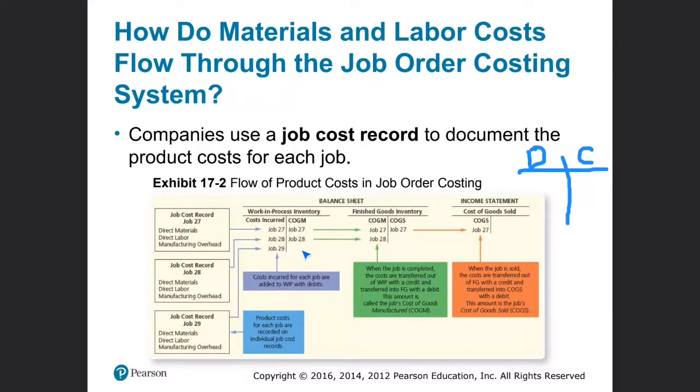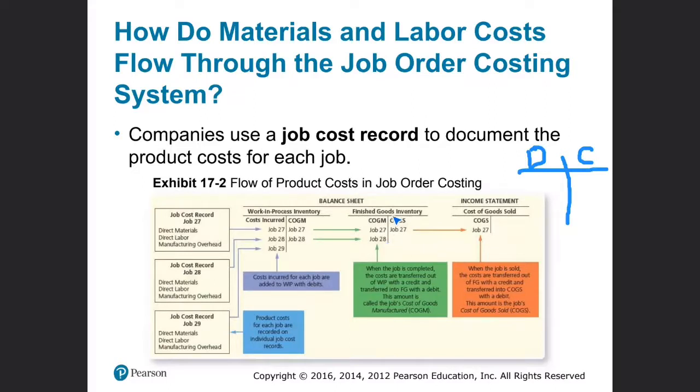For job 28, we have incurred cost for job 28. We started working on job 28, so we have a cost of goods manufactured. And then we finished manufacturing those goods. So that's why you see this debit here for cost of goods manufactured.